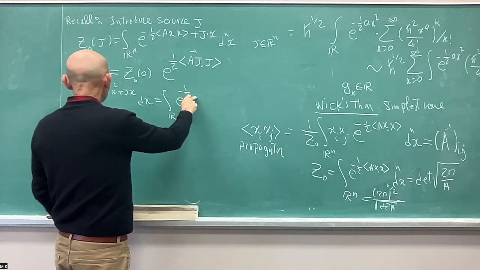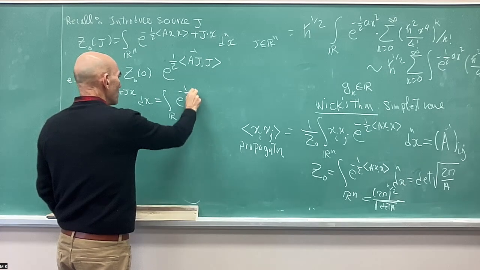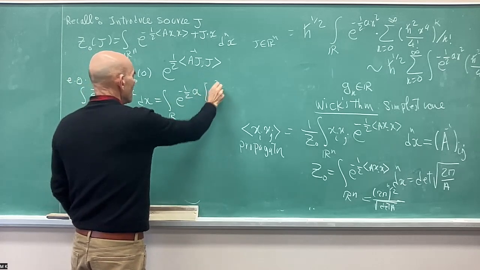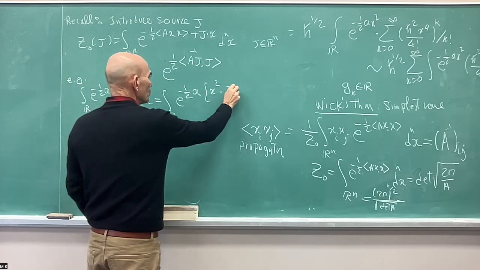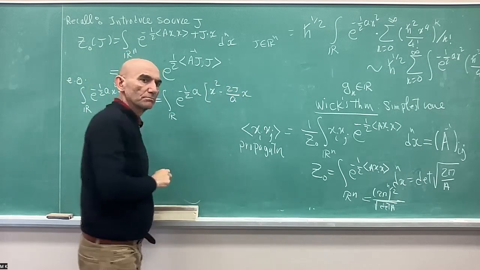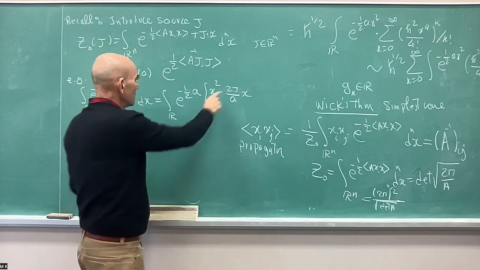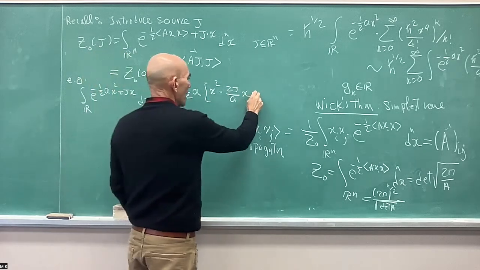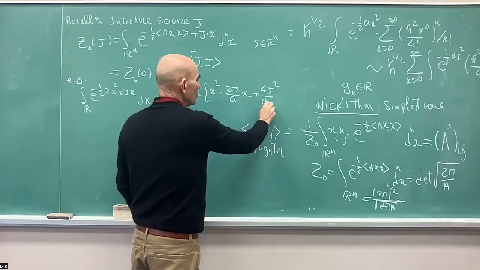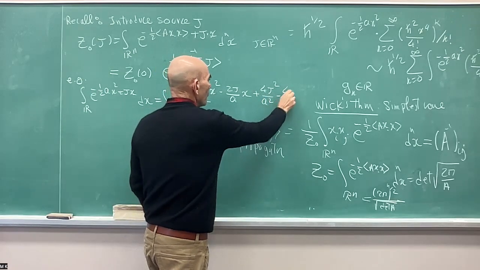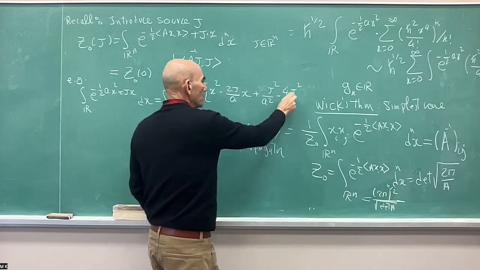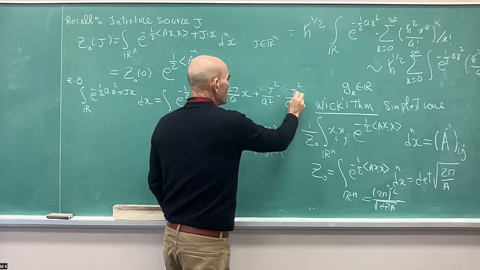Let's factor this. I factor it, then I get x squared, and then minus 2j over a times x. This I believe is okay. And then I just have to add j squared over a squared and then subtract j squared over a squared.